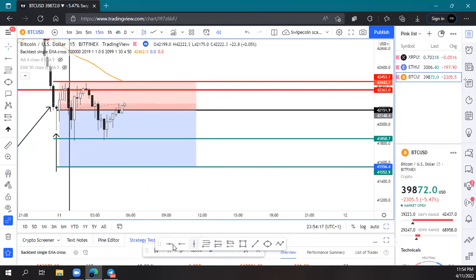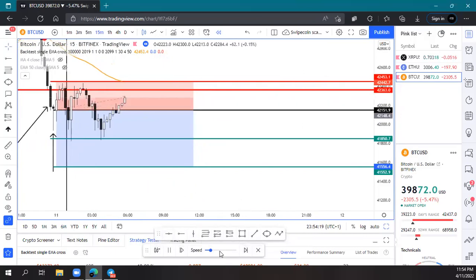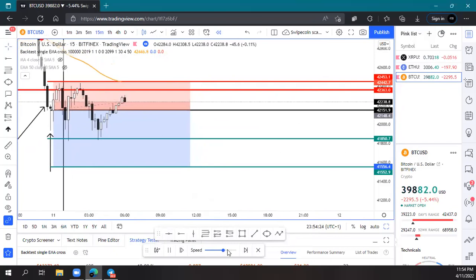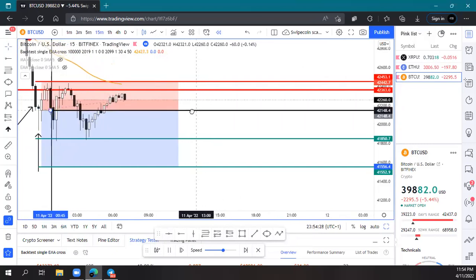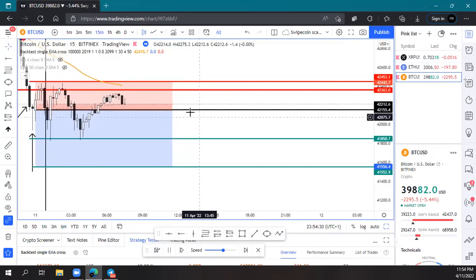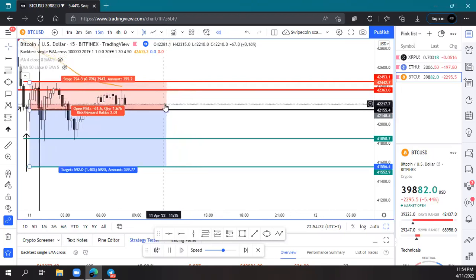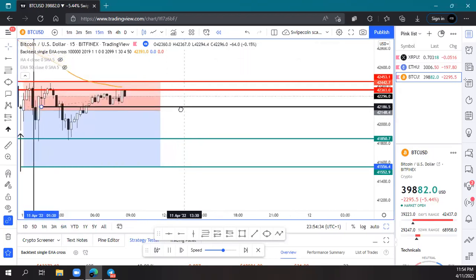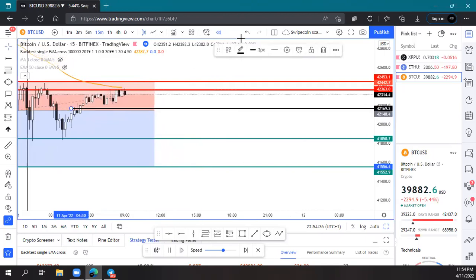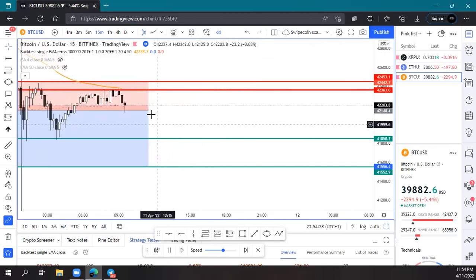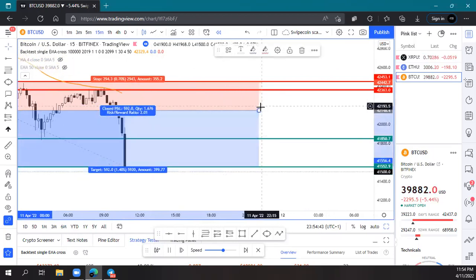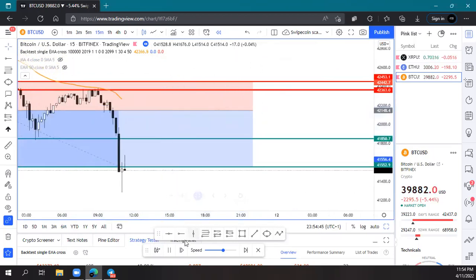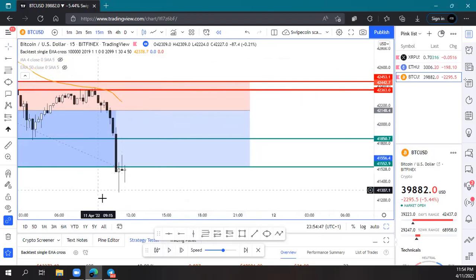Let me make it faster a bit so that we can see what happened. We are holding for TP2, right? You see, TP hit, right? Came back, hit TP2.